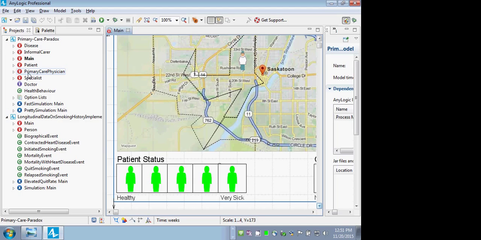The model was designed to look at what Kurt calls the paradox of primary care, which has to do with the fact that if you look at condition after condition after condition, let's say kidney disease, heart disease, diabetes, certain mental health disorders, what have you, case after case after case, the studies have demonstrated that people are conferred better health benefits for that disease by treatment with a specialist compared to treatment by a primary care physician.